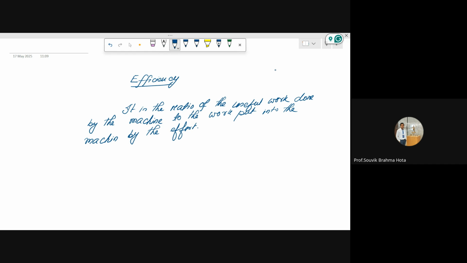Simply, you can say it is the ratio between the output and the input. Input is effort, output is the load. So again it doesn't have a unit, but you need to multiply by 100. It is denoted by the symbol eta, efficiency, that is work output by work input.